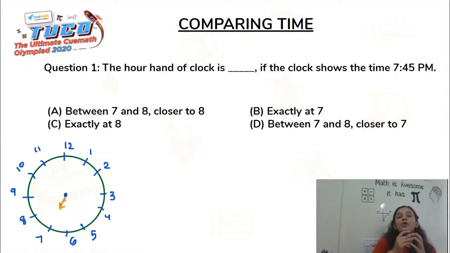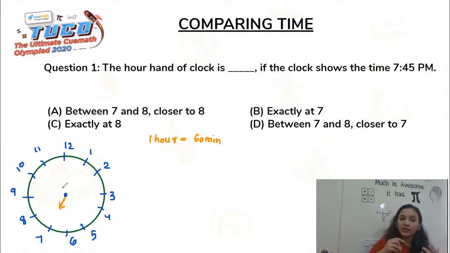Now, as we already know that there are 60 minutes in 1 hour. So 1 hour equals 60 minutes. So there will be a minute hand as well.